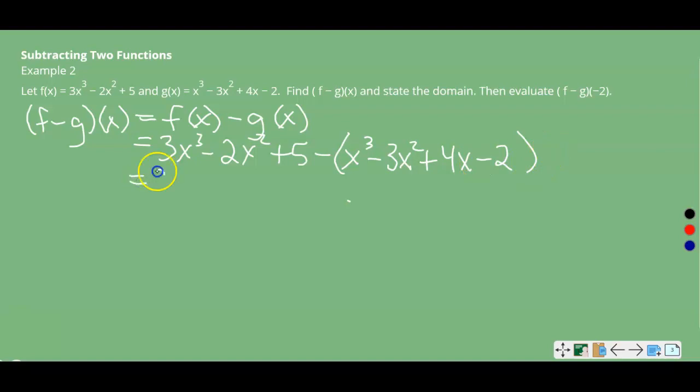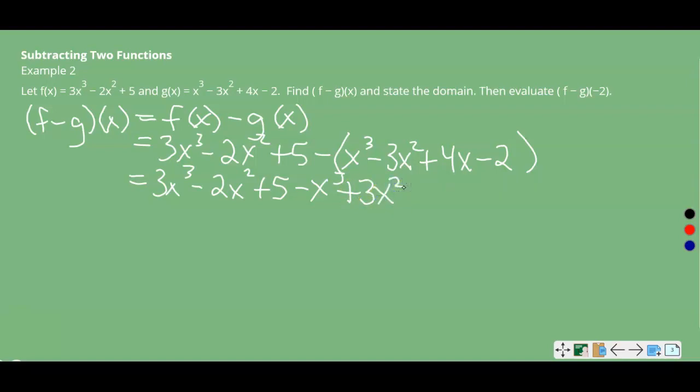All right, so we bring down our f of x, 3x cubed minus 2x squared plus 5, and then I'm going to distribute the negative to each term inside the parentheses. Negative times x cubed is negative x cubed. Negative times negative 3x squared is plus 3x squared.